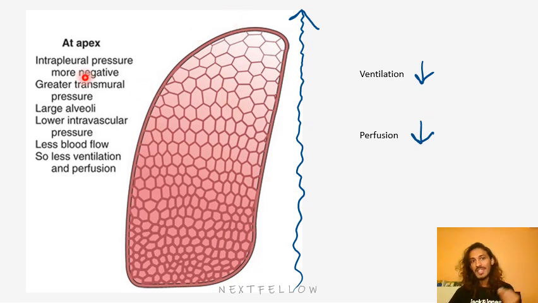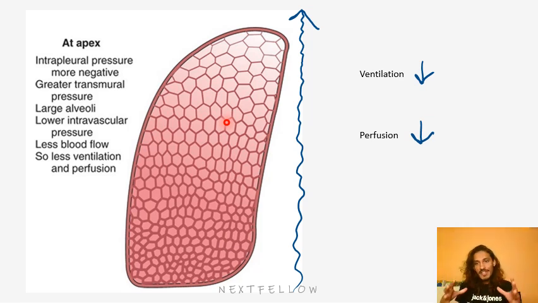Because of that, the interpleural pressure is much more negative in the apex, and the transmural pressure becomes greater. So the alveoli are more inflated at rest.